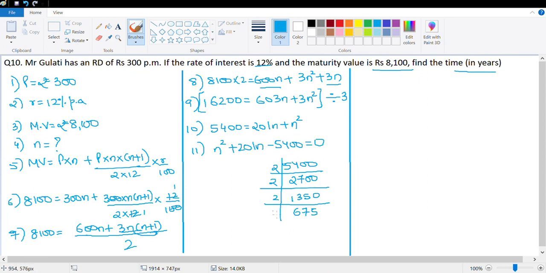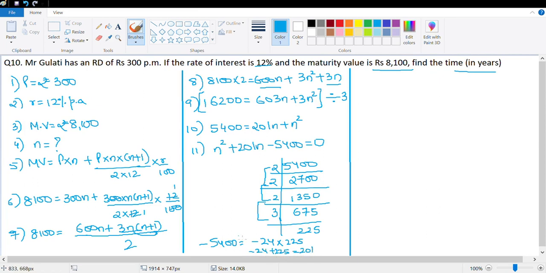So now let's try 3. So this will be 3, 2, 2, 5. So 2 into 2, 4, 2 into 2, 4, 4 into 2, 8, 8 into 3, 24, 24 multiplied with 225, and 225 minus 24. Perfect. So we've got negative 5400 is equal to negative 24 into 225 and negative 24 plus 225 is also equal to 201.